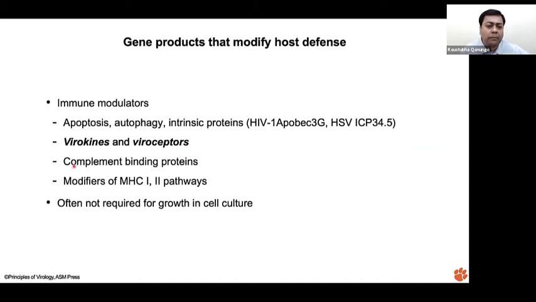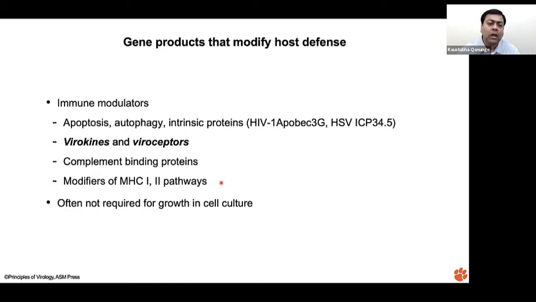And then you can have complement binding proteins. We have seen that in the variola virus, if you look at the complement slide in your innate immunity slide. They can also modify lots of MHC 1 and 2 pathways. We have talked about that in the last section as well.